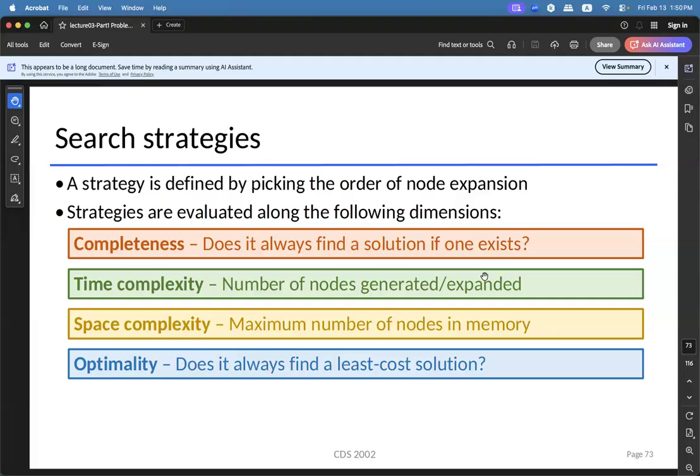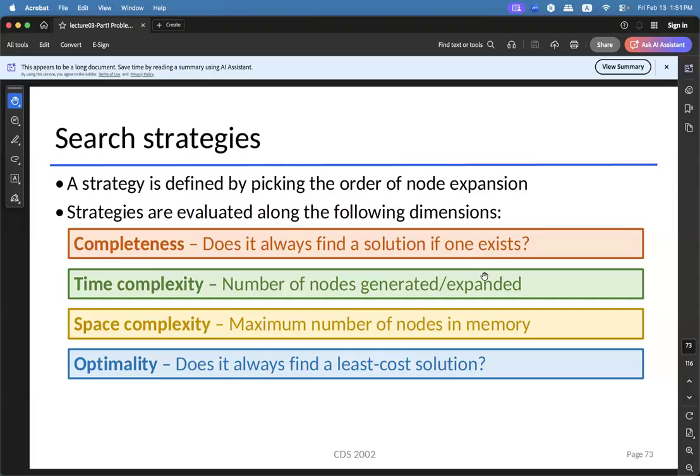So you can consider the time complexity and the space complexity of the search algorithm roughly equal to how many nodes are being generated or expanded for the time complexity. And for the space complexity, we are talking about how many nodes are stored in the main memory. Then that will be our measurement for the time and space complexity of depth-first search and breadth-first search and the other tree search algorithms as well. Okay. So up to now, any questions?